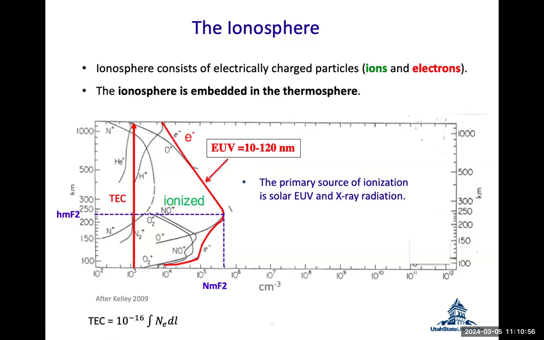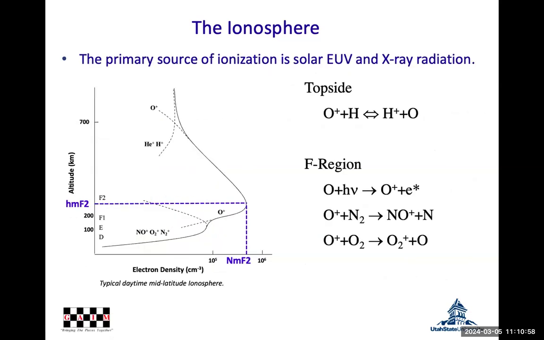The basic mechanism of how this works is very simple for the main process. There's a lot, of course, of minor ion chemistry and ionization going on, but the main process is very simple.